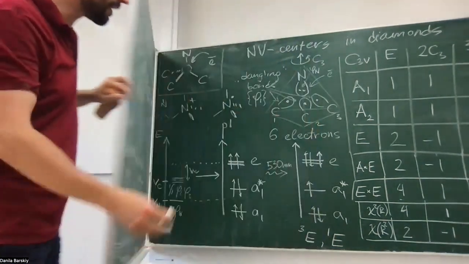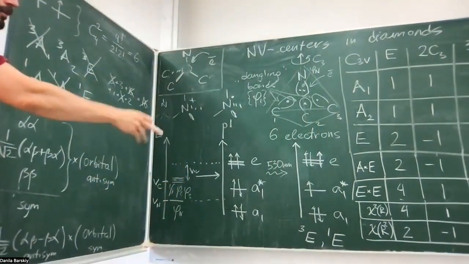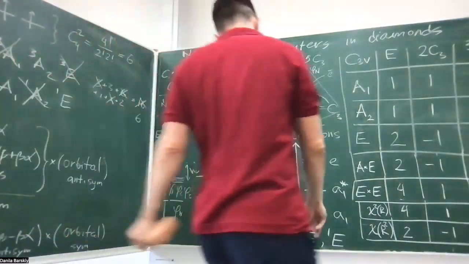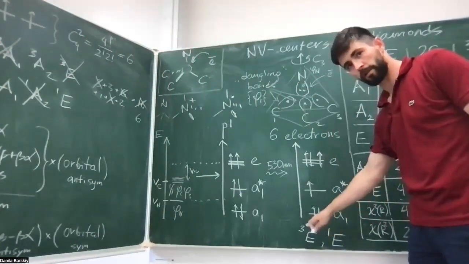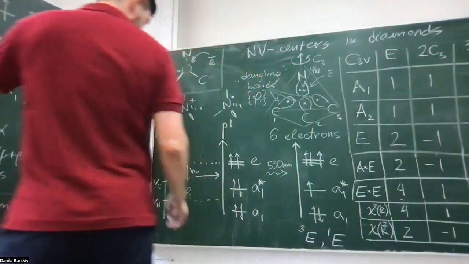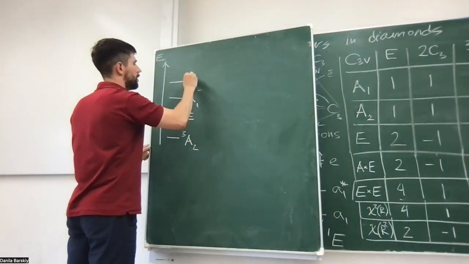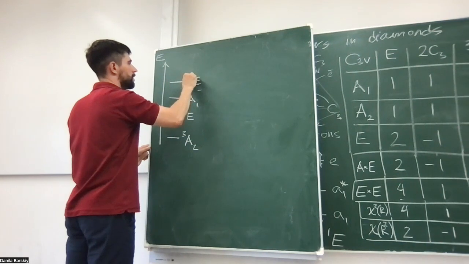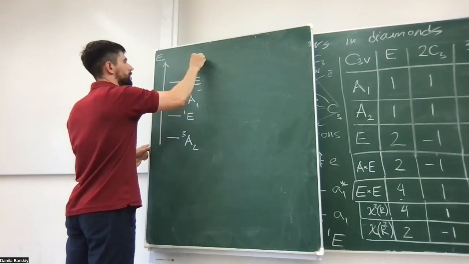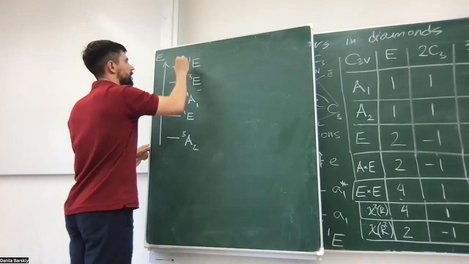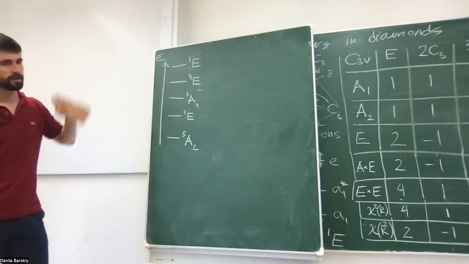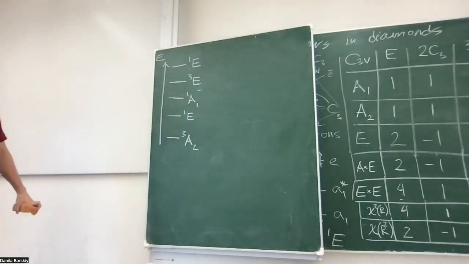And then you have your excited state, which is actually even higher in energy. And also the triplet is going to be lower among them. So we put E3 here, and then E1 here. And again, specific positions are not clearly defined.